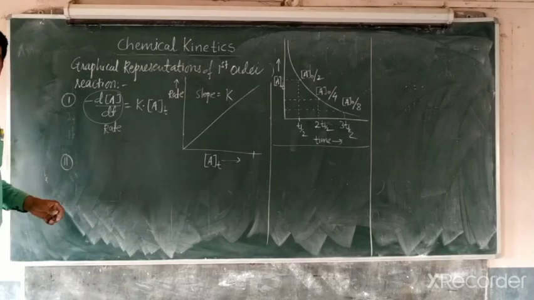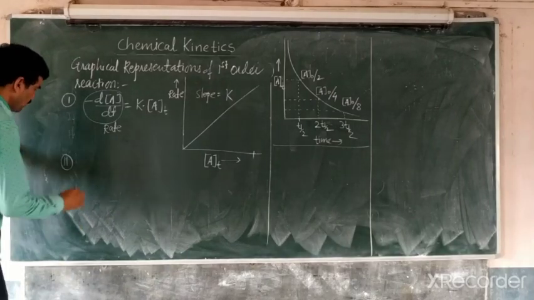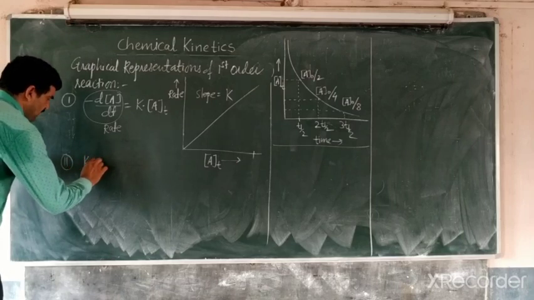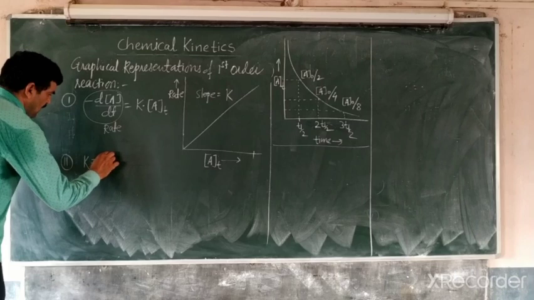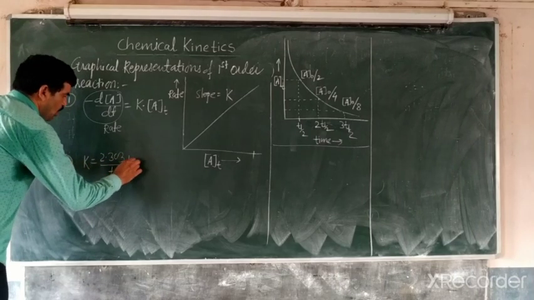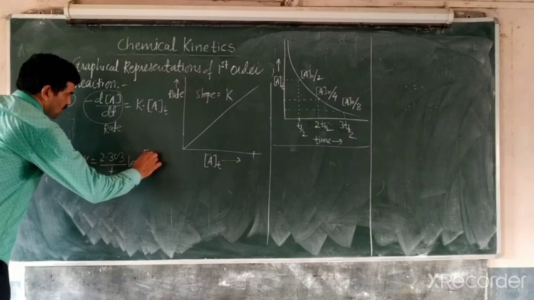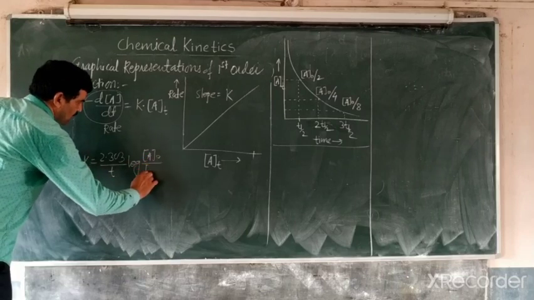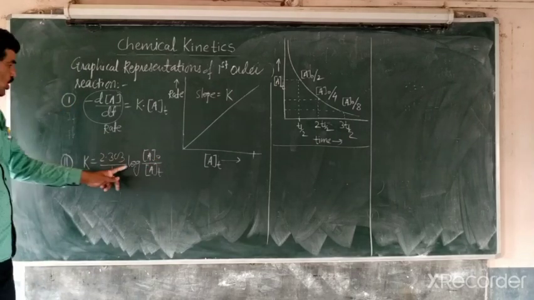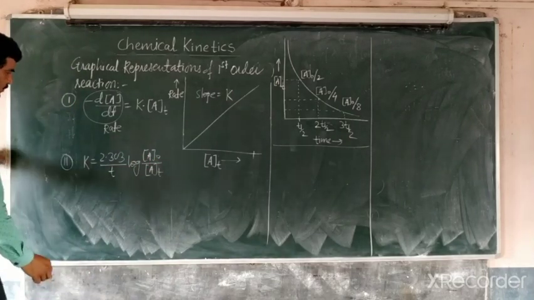We can plot another graph. You know, the integrated rate law of the first order reaction is K equal to 2.303 by t log of A0 by At.